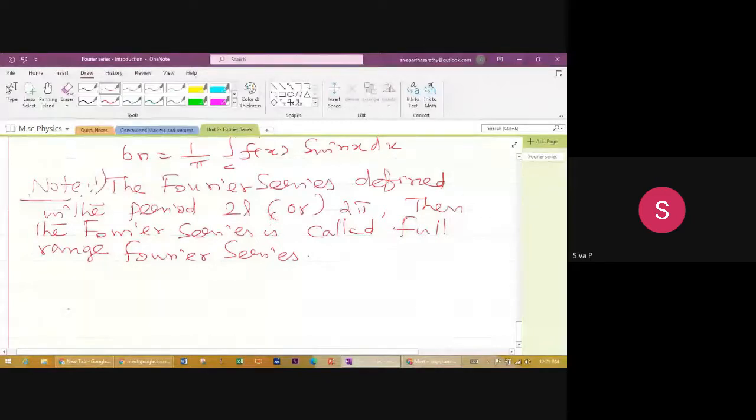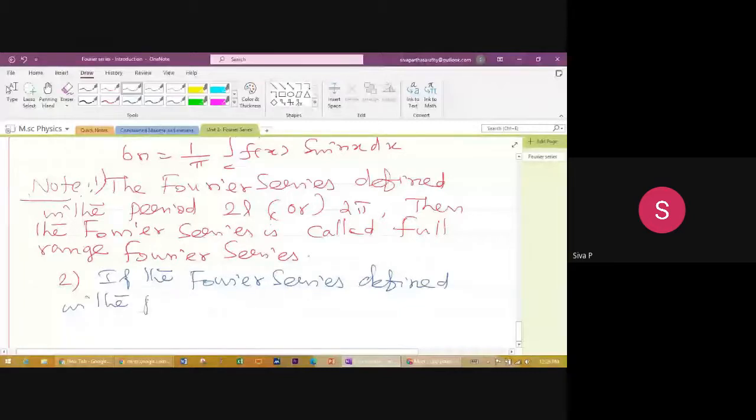Note 2: the Fourier series defined in the period l or pi.